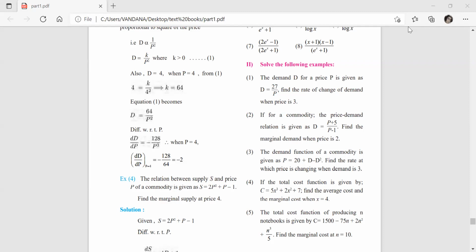How to do this now? See here, demand function is given as P is equal to 20 plus D minus D square. We want to find the rate of change in price when demand is 3.